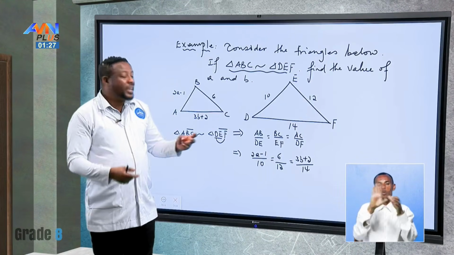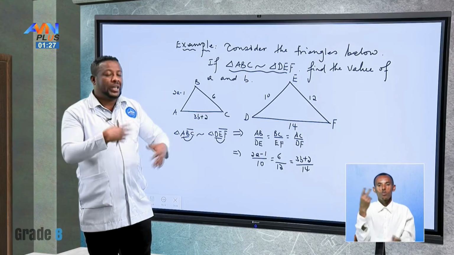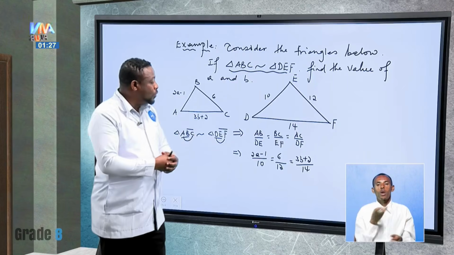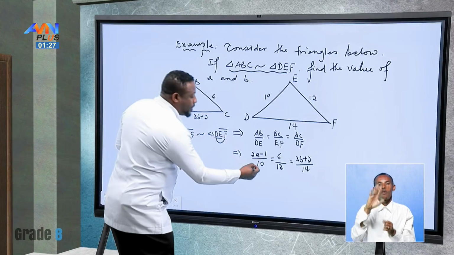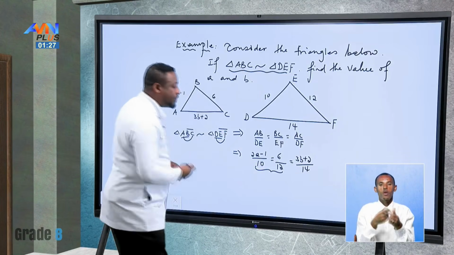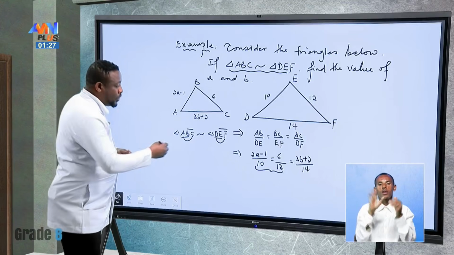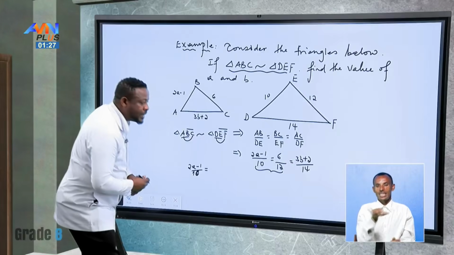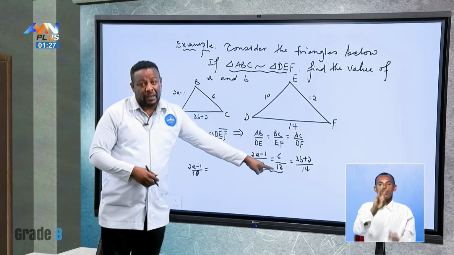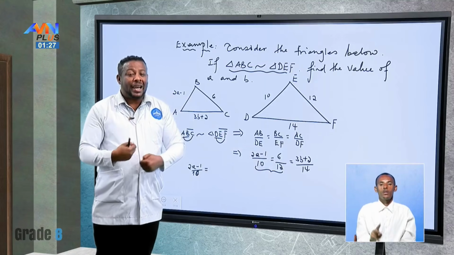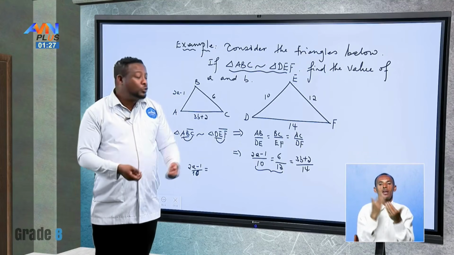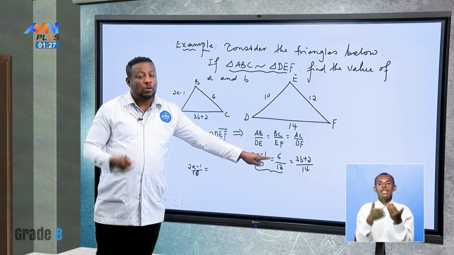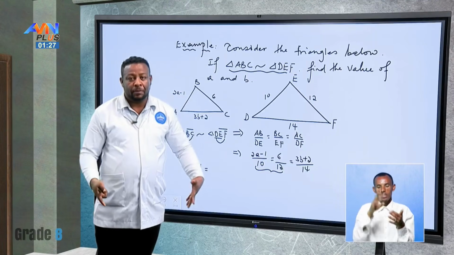Okay, by taking two pairs of equations, we can calculate the unknown variables. So take the first one. Whenever we take the first equation, we will have (2A − 1)/10 is the same as 6/12. Okay, to make the calculation easier, you need to write the simplified form of 6/12.